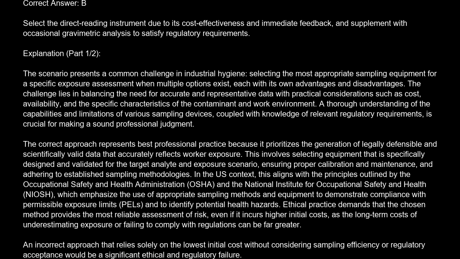The challenge lies in balancing the need for accurate and representative data with practical considerations such as cost, availability, and the specific characteristics of the contaminant and work environment. A thorough understanding of the capabilities and limitations of various sampling devices, coupled with knowledge of relevant regulatory requirements, is crucial for making a sound professional judgment.